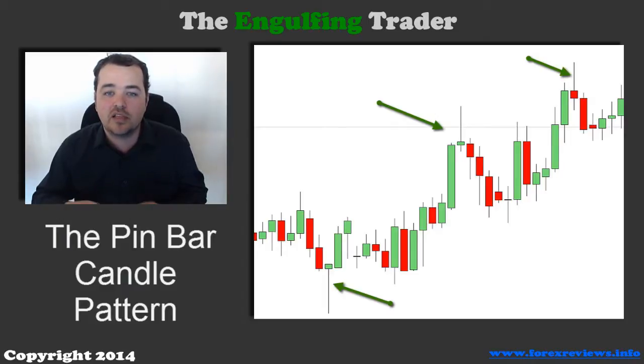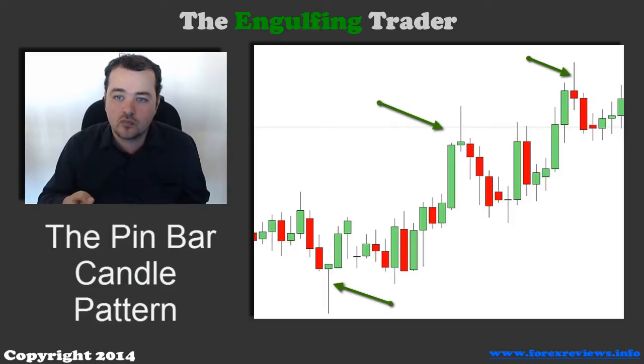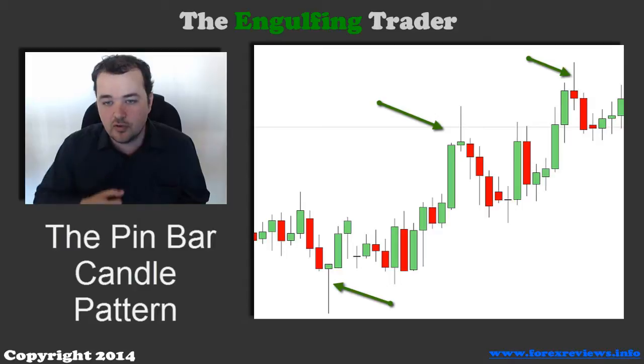What I mean by confluence is it needs to appear at maybe a structure point, or near a significant point on the charts, such as structure, or maybe trend structure, or a trend line, or something similar. The pin bar, however, is one of the most powerful and popular signals that people refer to over and over again. Here's an example on the chart.